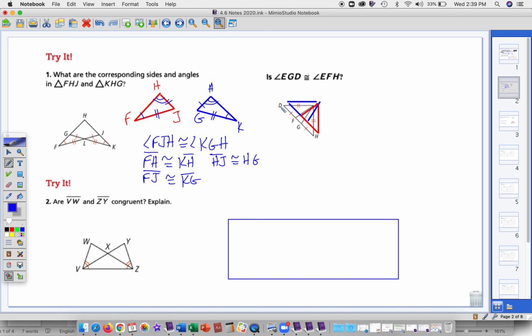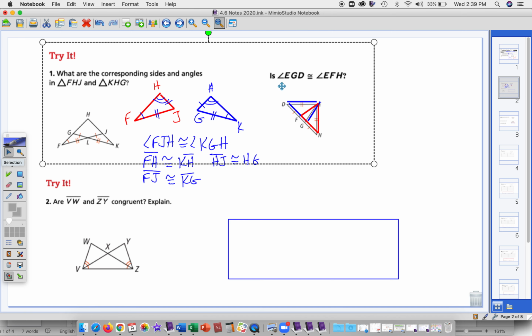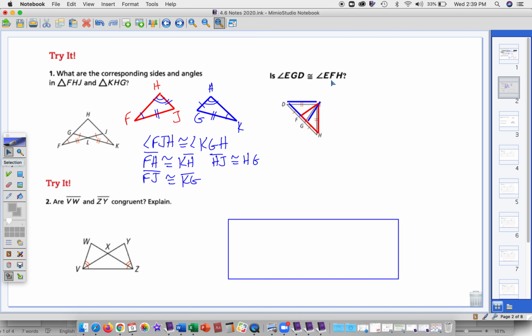So in this diagram, we're being asked, is angle EGD congruent to angle EFH? So again, I'm going to separate these two triangles. I'm missing a side there.